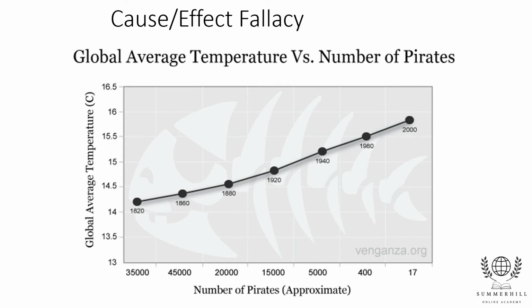As we can see, over the last hundreds of years, global temperatures have been rising. And at the same time, the number of pirates has been falling. Clearly, we need to increase the number of pirates in order to combat global temperature rises. Again, we're seeing two things that happen at the same time, but they have no cause and effect relationship.